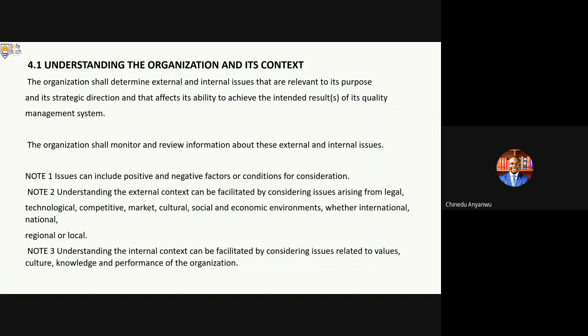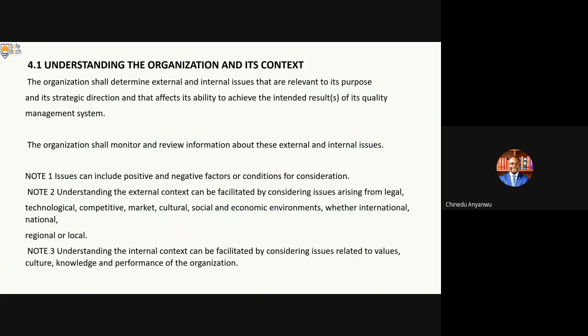The key objective of ISO 9001 2015 is to meet customer satisfaction and to manage risk within organizations. Before you make any promises to customers, the management system requires that you sit back as an organization, as a business, and ask yourself, what internal issues, what external issues can affect us from being able to meet these promises we have made to customers?